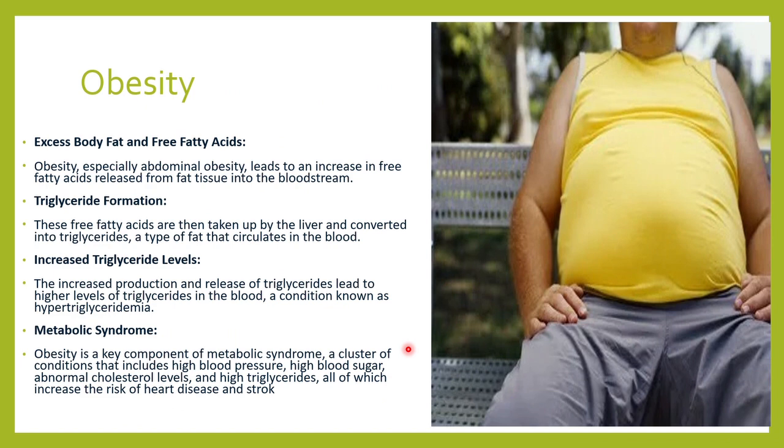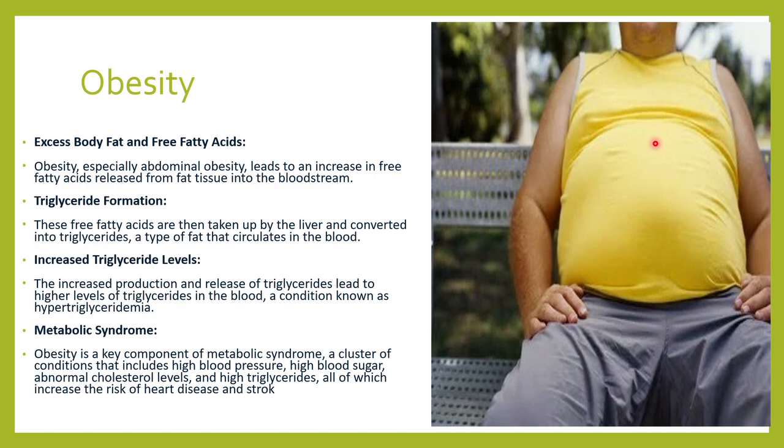Third important cause of increased triglyceride would be obesity. So there is excessive body fat and free fatty acids. Obesity means there is excessive fat, and when there is excessive fat, there is increased free fatty acid available from the stored fat. Whenever this free fatty acid is taken up, the liver converts it into triglyceride, and that will be circulating in the blood.